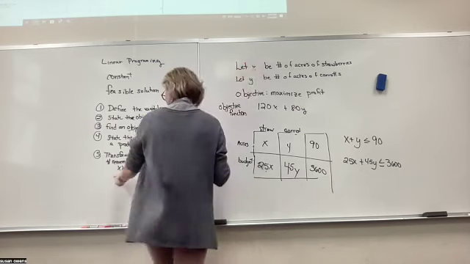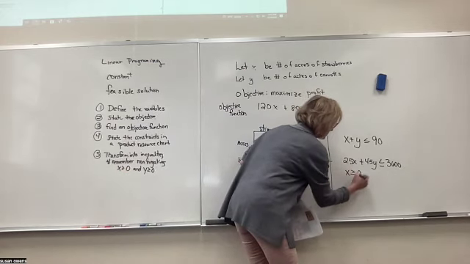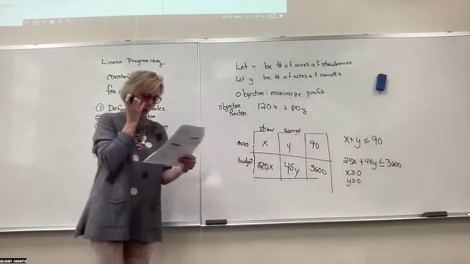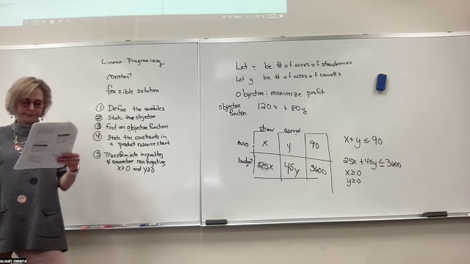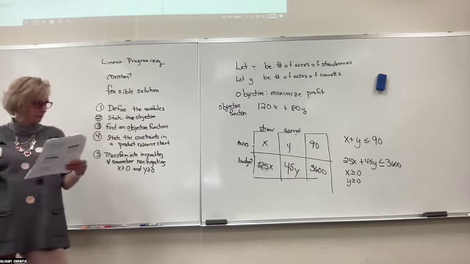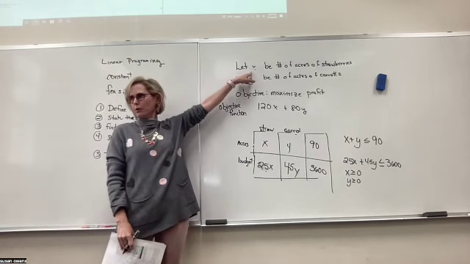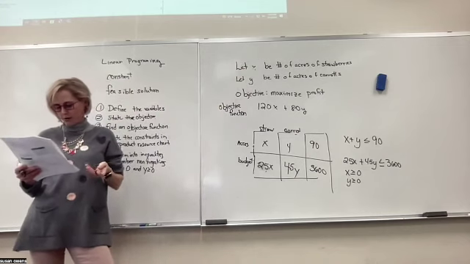So those are these non-negative constraints here. Can you have a negative number of acres? No, we can't. They have to be greater than or equal to 0.